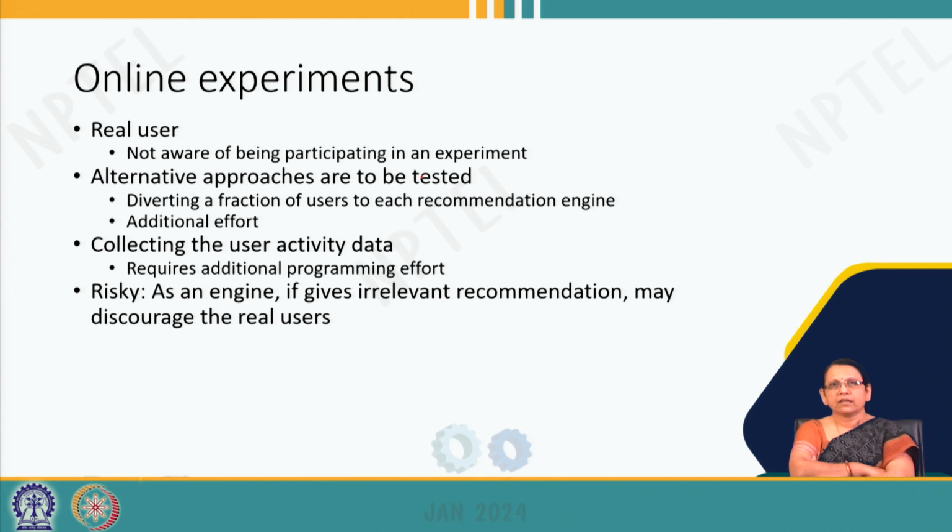Again, while collecting users' activity data, it is not like your user studies, where you give them a questionnaire and expect that they will be filling it up. Here in the online setting, you must have participated in the beta testing of many online software. They ask you certain questions.